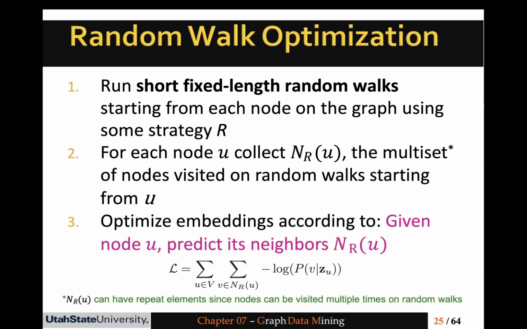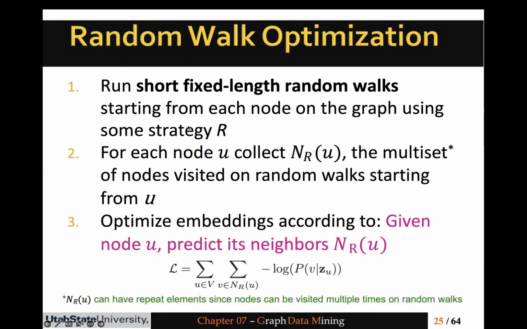The second step is to collect the multiset of the nodes that I have visited on those random walks starting from the node U. Maybe I performed the random walk algorithm 100 times, and the length of the random walks was, let's say, 10. So NRU will tell me only the multiset of the nodes that I have visited, and I don't care about all the other nodes that I never encountered during my random walk. That's where the efficiency comes from in the random walk strategy for finding similarity between nodes.